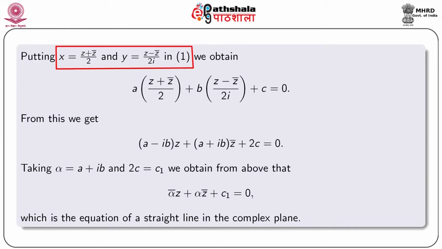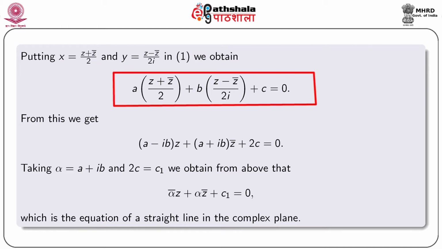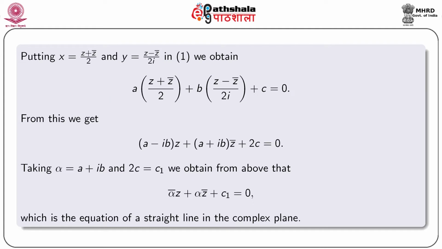So, putting x equal to (z plus z bar) by 2 and y equal to (z minus z bar) by 2i in that equation, we obtain a into (z plus z bar) by 2 plus b into (z minus z bar) by 2i plus c equal to 0. From this, by simple calculation, we get (a minus ib) into z plus (a plus ib) into z bar plus 2c equal to 0.